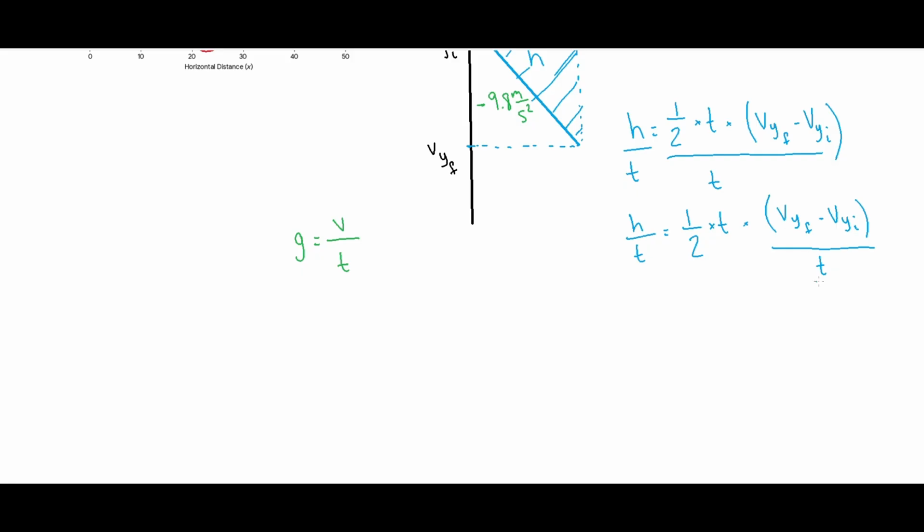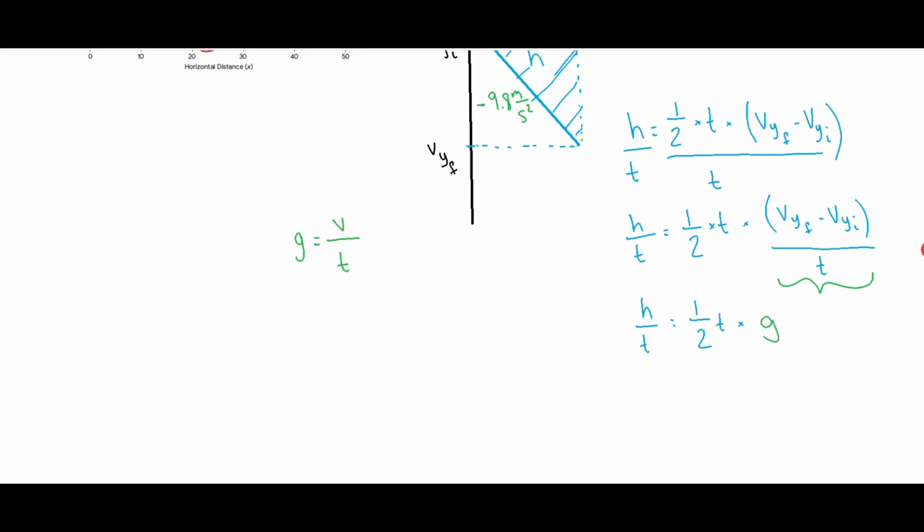This is a velocity over time. So what we can do is just substitute this. This is v over t, so this whole thing becomes g. So this is going to be h over t equals 1/2 t times the gravitational constant, g.